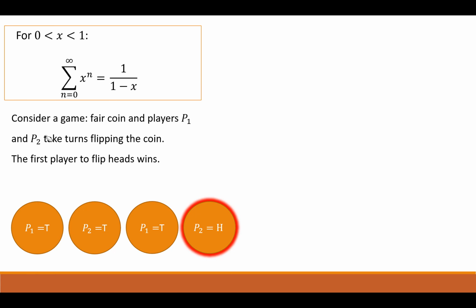So I start flipping the coin. If I flip heads, I win. If I flip tails, it goes to you. If you flip heads, you win. If you flip tails, it comes back to me. So who is more likely to win in this scenario, player one or player two? Yeah, player one, right?